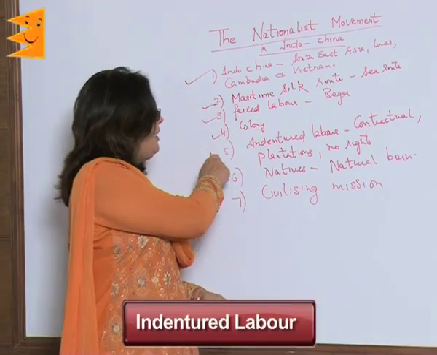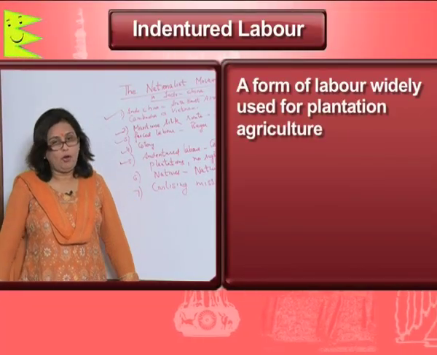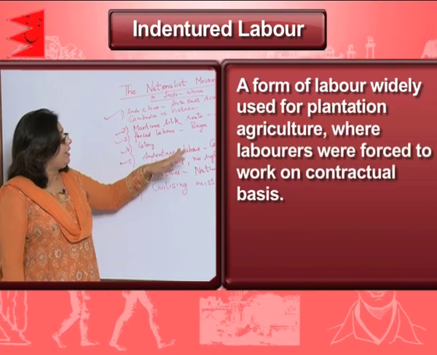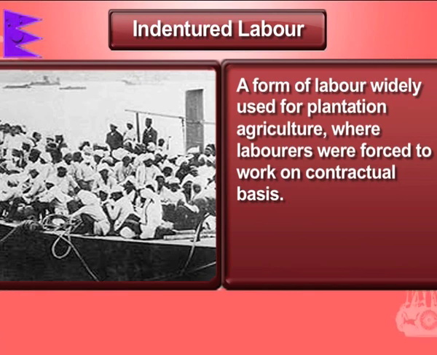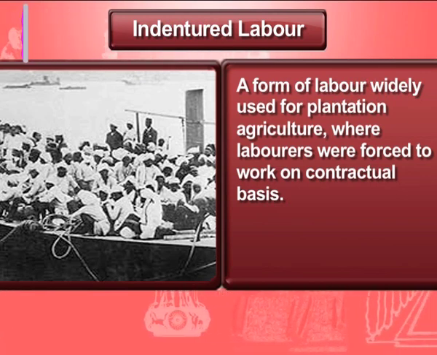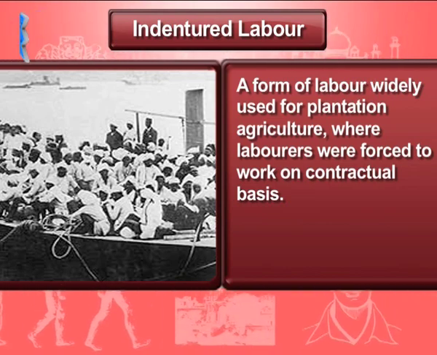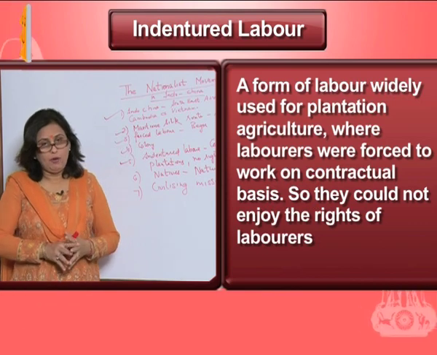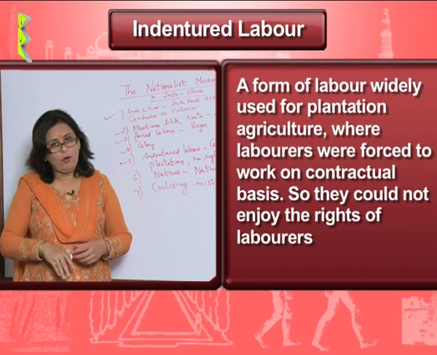Next is indentured labor. Indentured labor is a term of plantation agriculture wherein the laborers were contractual, that is, they were kept just for the season and then they were thrown out without any reason. They had no rights, they could not ask why they were thrown out, and they were forced to work long hours.